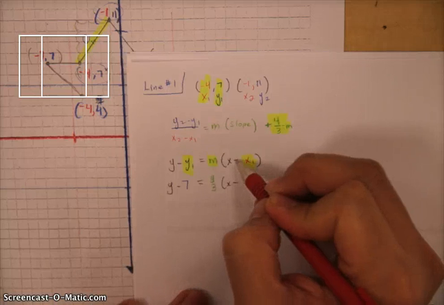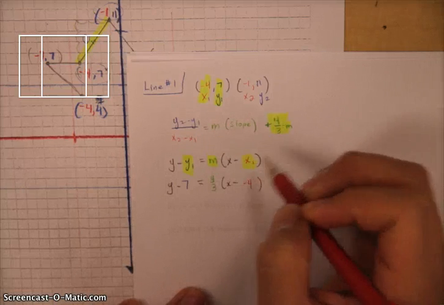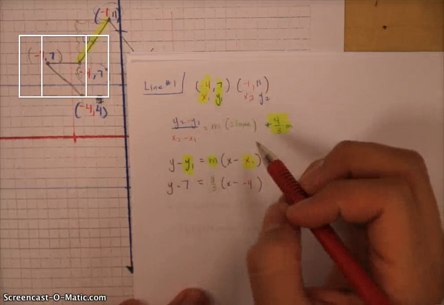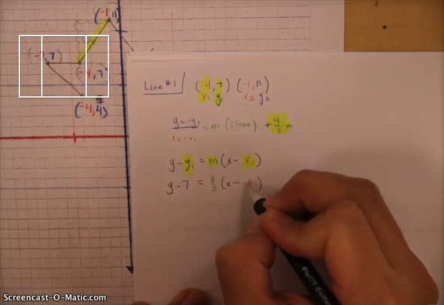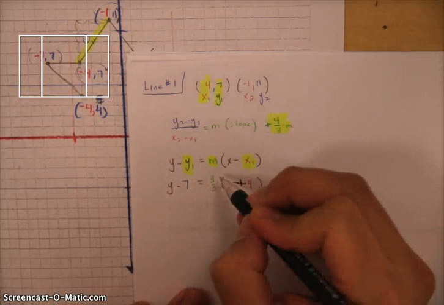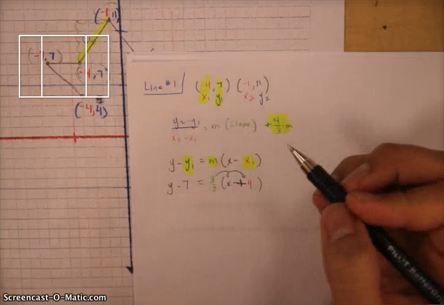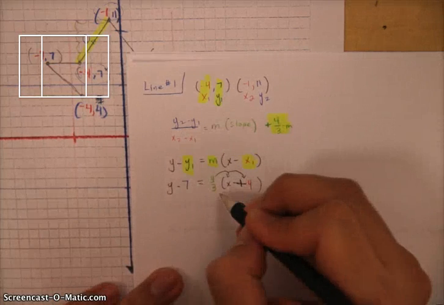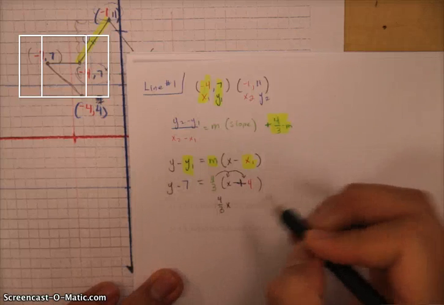Notice, even though it's minus, for the x1 I put the -4, so I have negative and negative when that x value is a negative value. Negative and negative make a positive. I'll distribute so I can simplify before solving, which is unit 4. This becomes 4 over 3x.